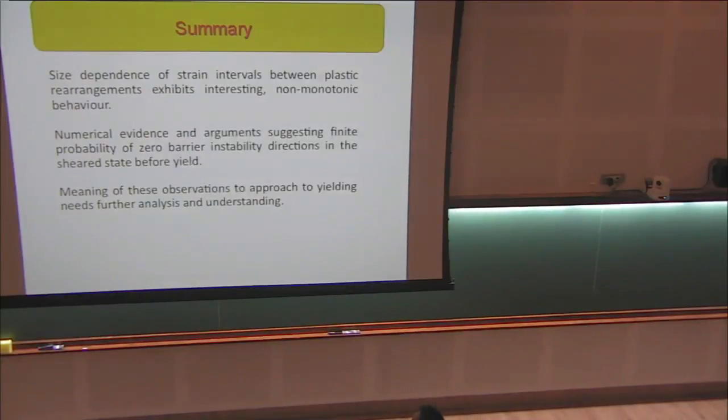The numerical evidence and arguments suggest a finite probability of zero barrier directions in the sheared state, but before the yielding point. Whether that's true, what is the meaning of this in terms of how one thinks of the state of a glass that is subjected to external stress but hasn't yielded yet, and how that may tell us something about the yield event as a phenomenon, are questions of interest.